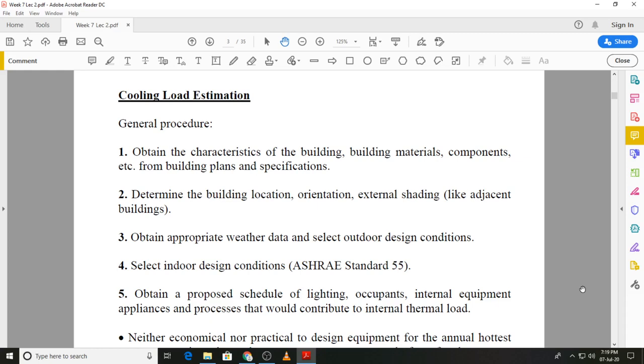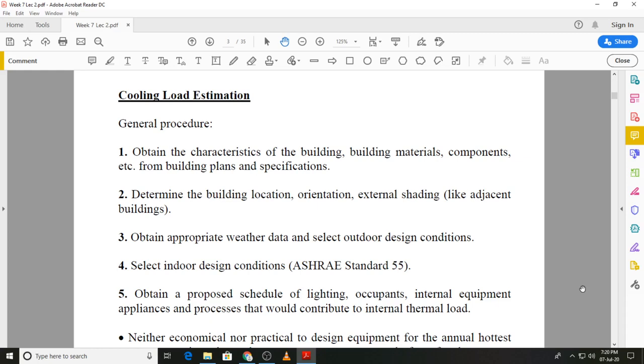The first thing we need are the characteristics of the building, that is the entire building plans, which will give us the various sizes, the building materials, various components, and these will be provided to you by the architect or the firm that is doing the project. We also need the building location, that means the geographic location, whether it's located in Karachi or Islamabad. Then the orientation.